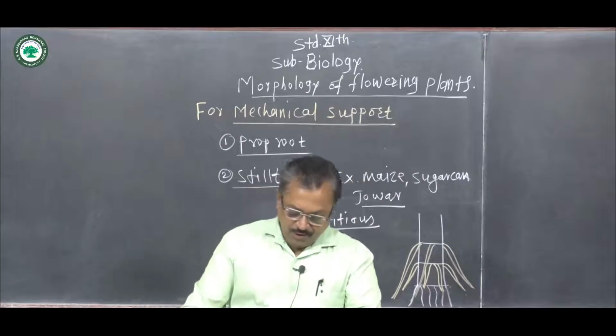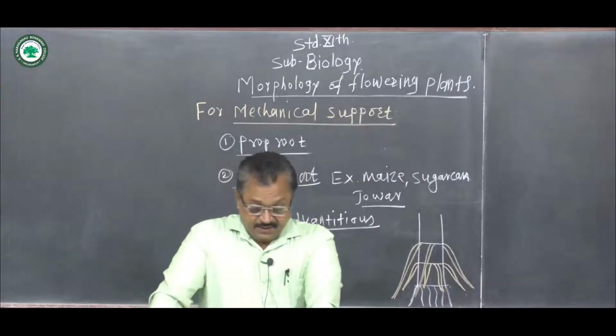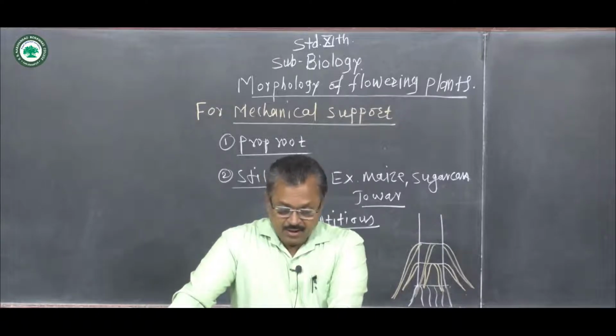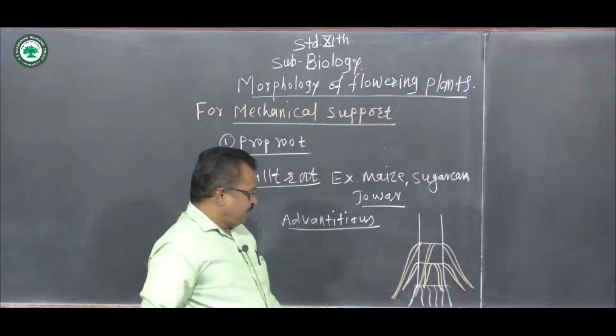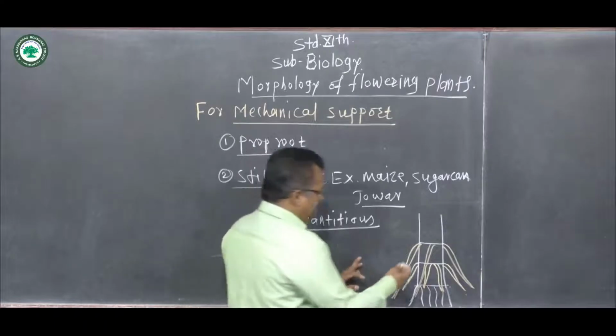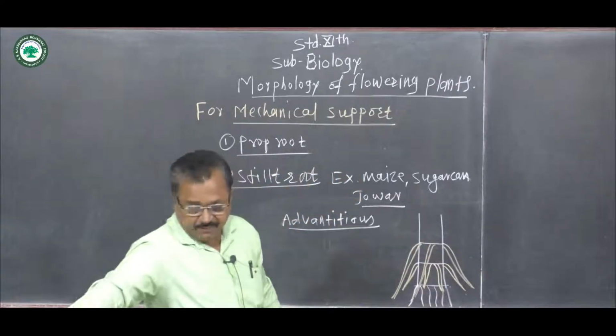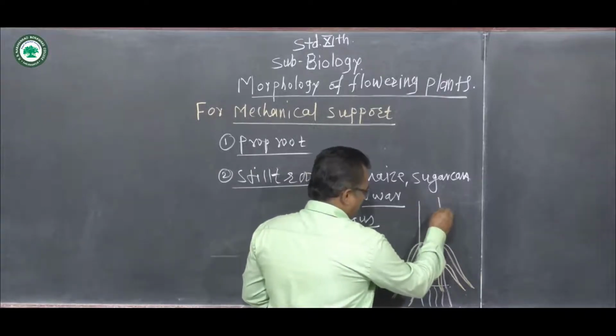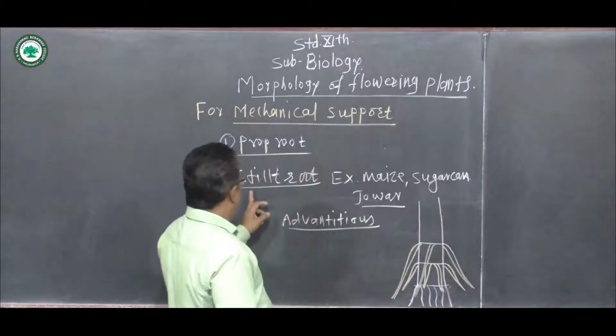They grow obliquely, with downward growth, penetrating the soil. Since the stem is weak, the weak-stemmed plant requires this additional support. Stilt root.